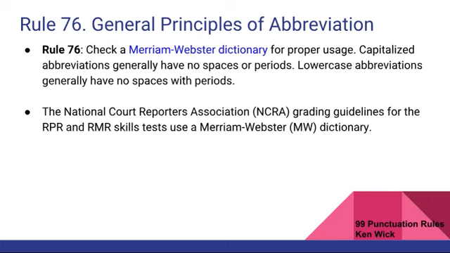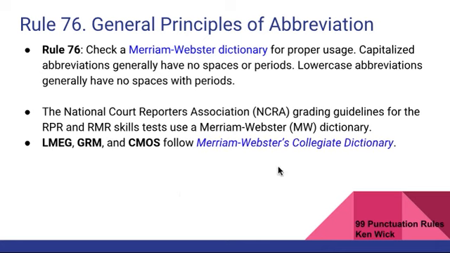The National Court Reporters Association's grading guidelines for the RPR and the RMR skills tests use a Merriam-Webster dictionary. That's why I say consult a Merriam-Webster dictionary. And the LMEG, GRM, and CMOS follow Merriam-Webster's Collegiate Dictionary. And the BGGP just says consult a standard dictionary.